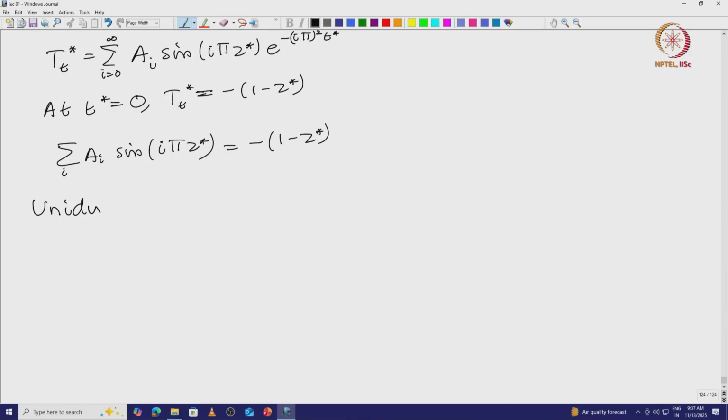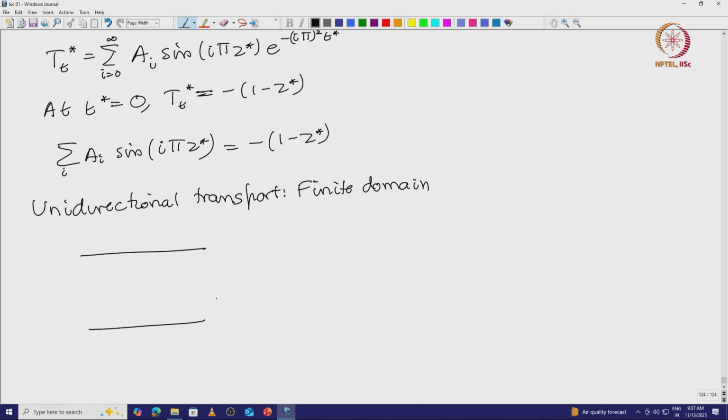In the last lecture, we were examining unidirectional transport in a finite domain. The configuration consisted of two surfaces, with the z direction perpendicular. The bottom surface is at z equal to 0, the top surface is at z equal to h.